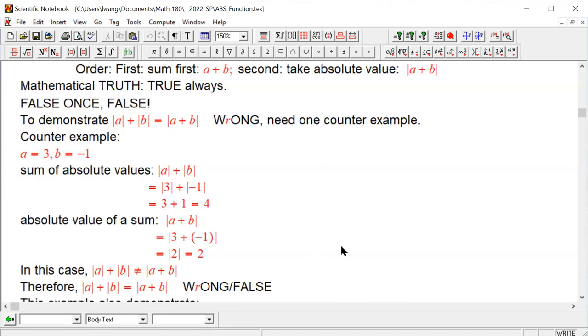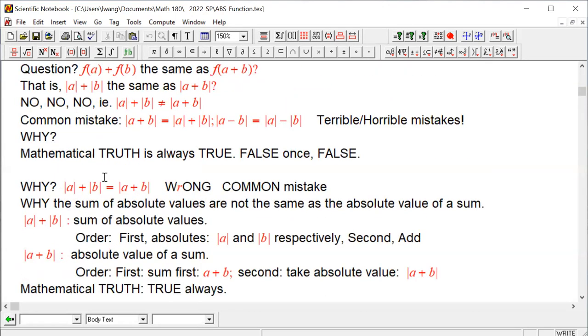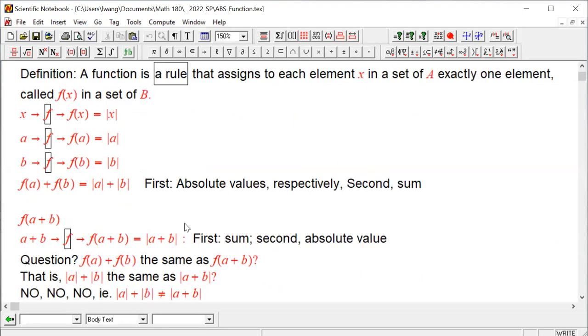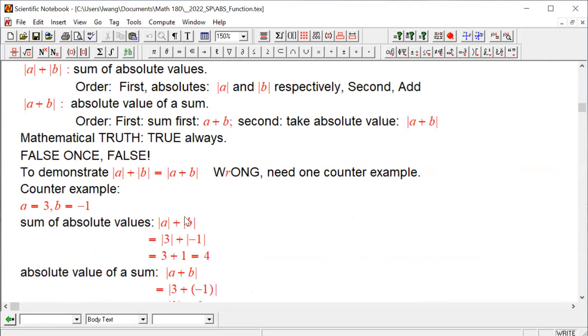Okay, so let's look at the other one, subtraction. We talked about addition. How about subtraction?